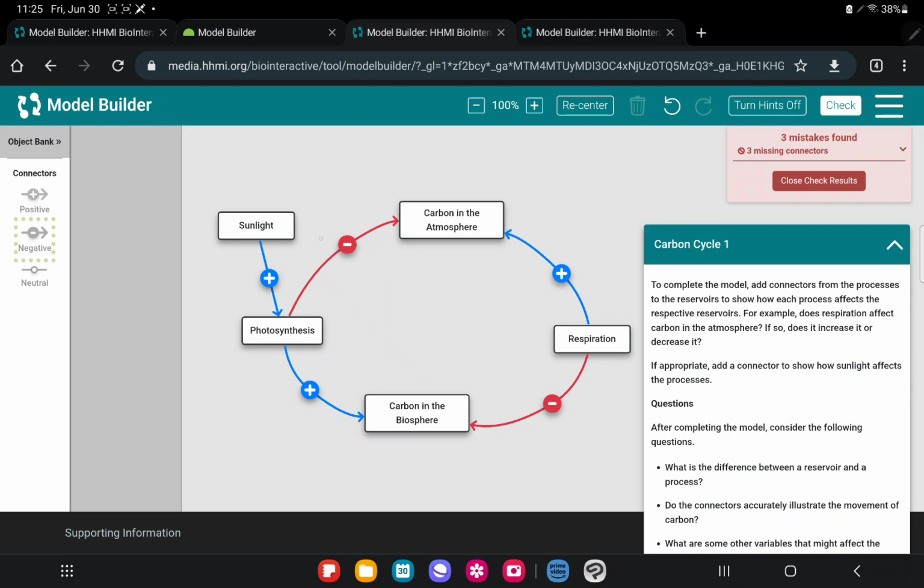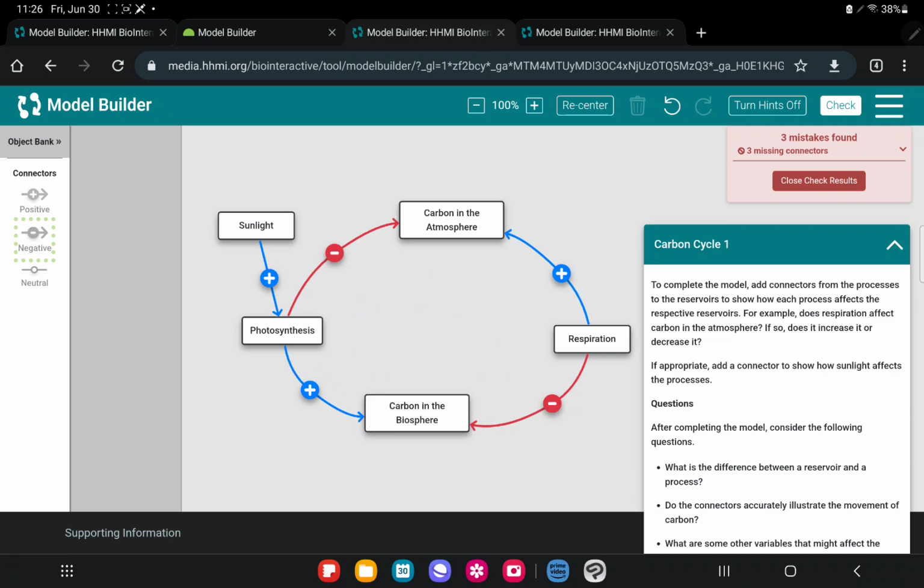So does this little connector here accurately portray what happens? As photosynthesis increases, does carbon in the atmosphere decrease? And it does. The more photosynthesis, the more that's going to lower carbon in the atmosphere.